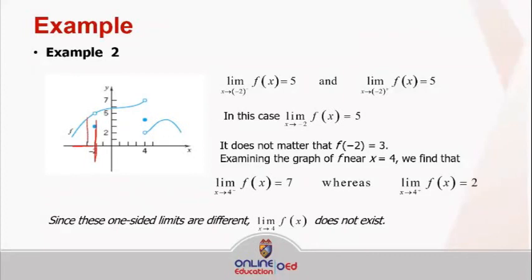Itong line na to saan siya tatapat? Halos dito. Halos before pa siya mag-5, no? So kapag nag-approach na siya sa negative 2, ano yung magiging value natin? Possible na 5. 5 po, ma'am. Itong 5 na to. So we have yung value natin na limit ng left hand or yung x is negative 2, we have yung 5.